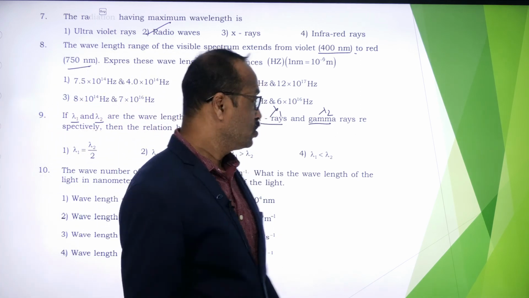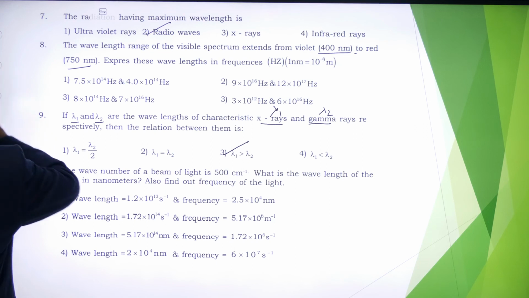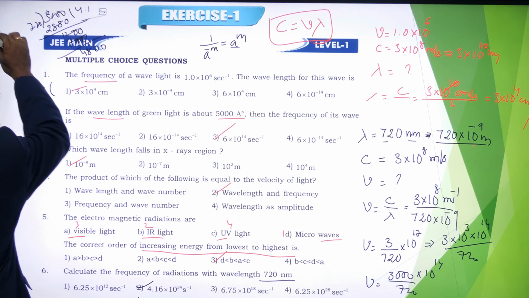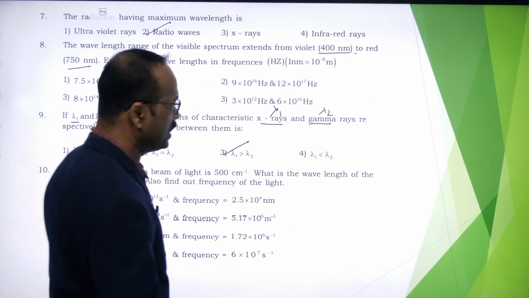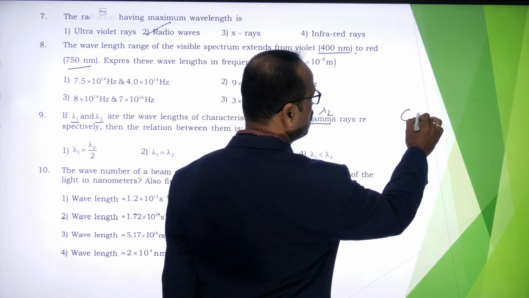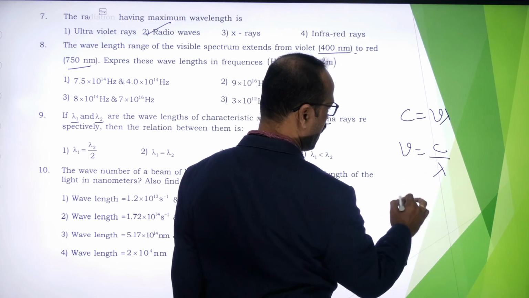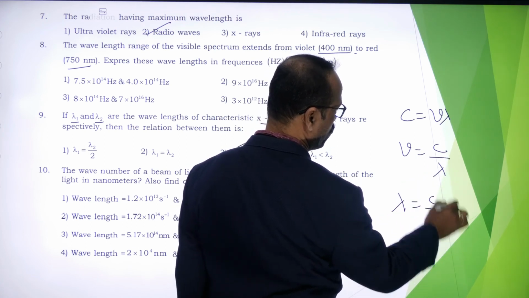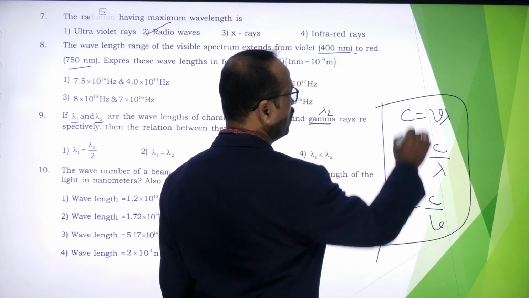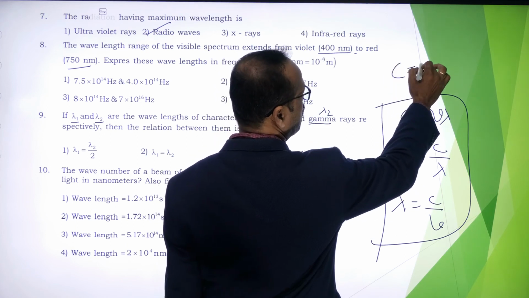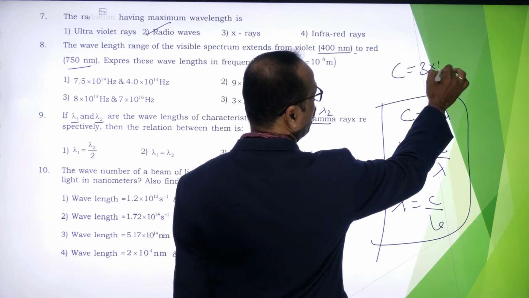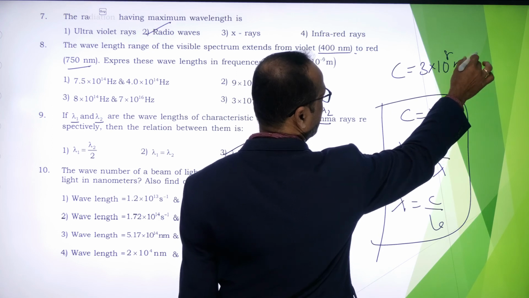Right, students. So here you practice these sums based on these formulas. All depend on only one formula, that is c is equal to nu lambda, or nu is equal to c by lambda, or lambda is equal to c by nu. All formulas are based on this one only, but you have to remember that the c value is 3 into 10 to the power of 8 meters per second.